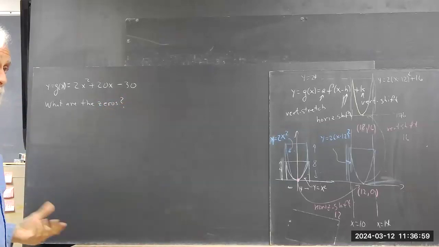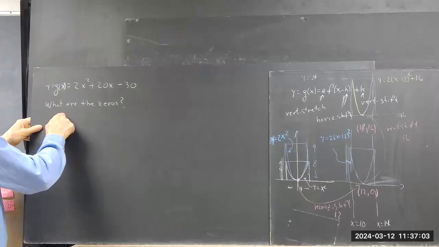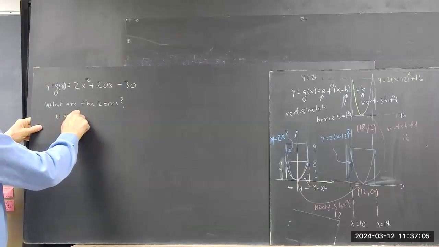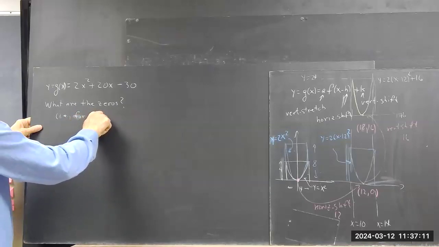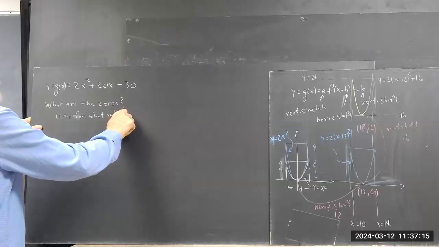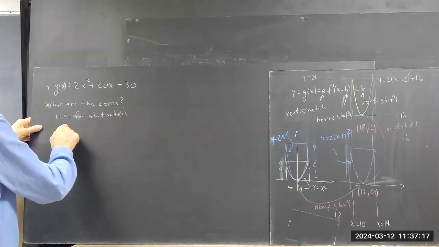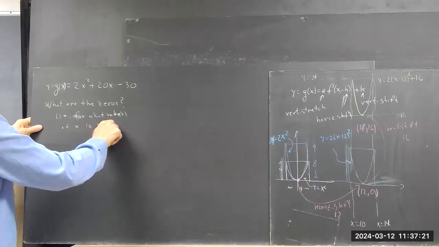Now, what do I mean by the zeros? I mean where x equals 0. I think I said that wrong. Write it out correctly. So what value or values of x is y equal to 0?